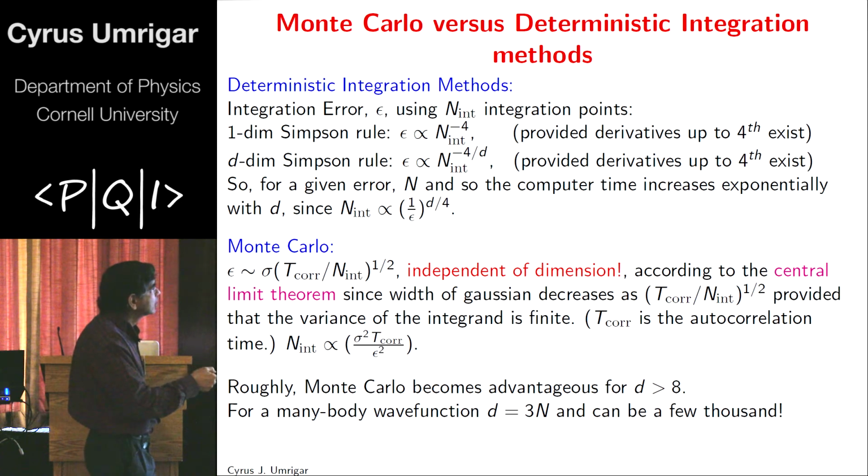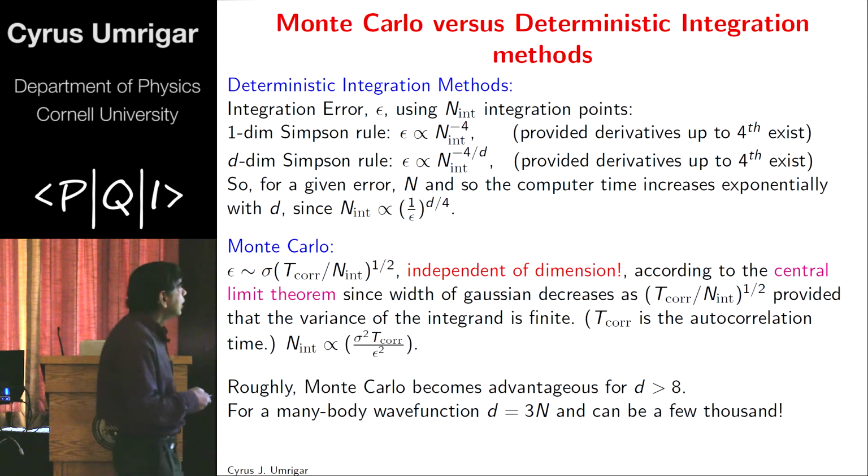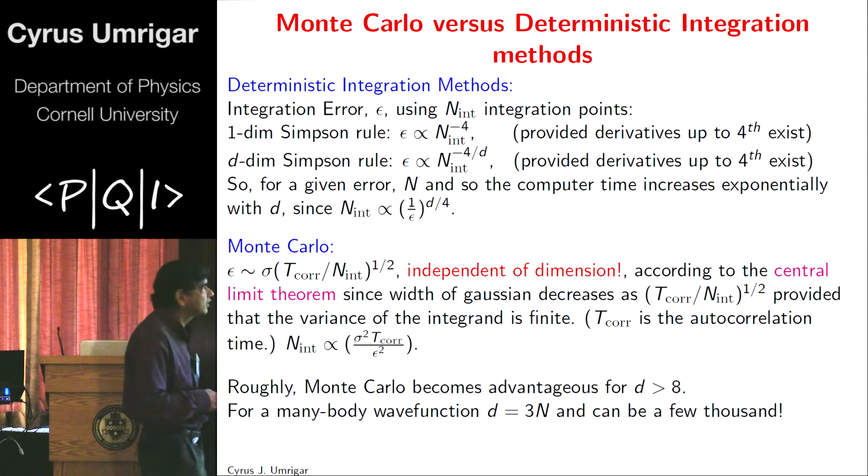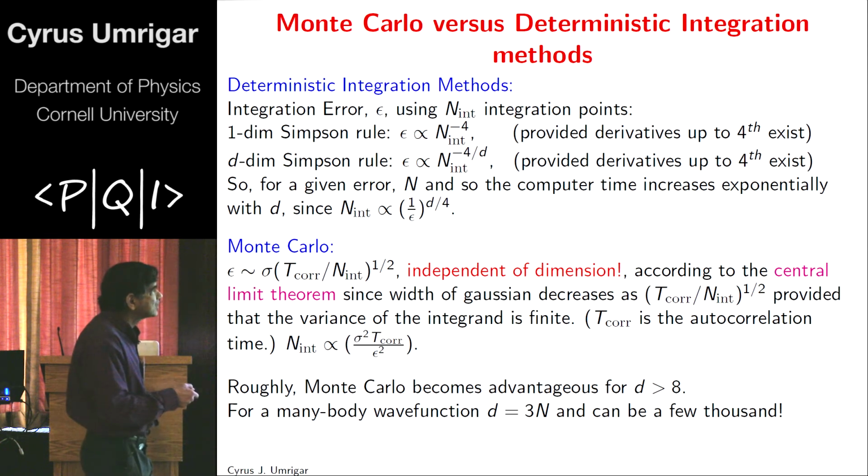The convergence goes as n to the minus 4 over d. So if d is large, let's say d is 100 or 1,000, then the convergence is miserably slow. Monte Carlo methods, on the other hand, the error goes down as 1 over the square root of the number of Monte Carlo points, thanks to the central limit theorem. So the convergence is independent of the dimensionality of space.